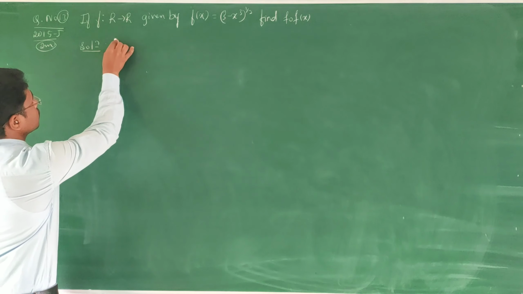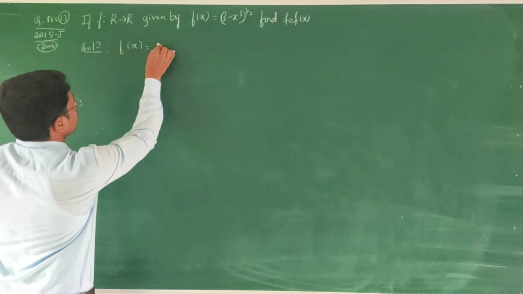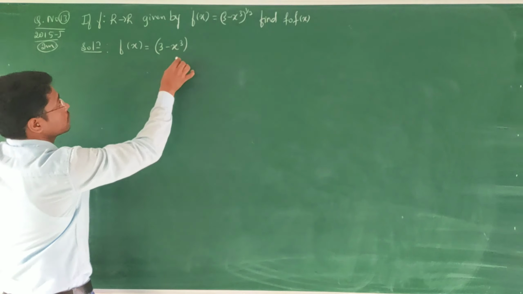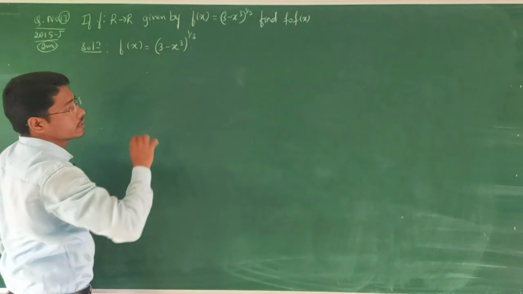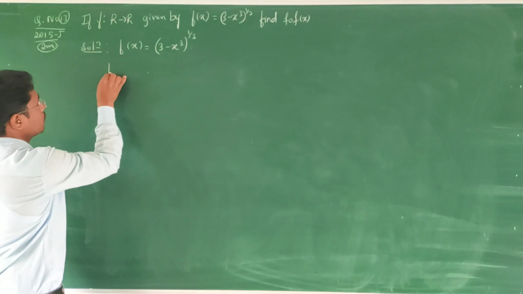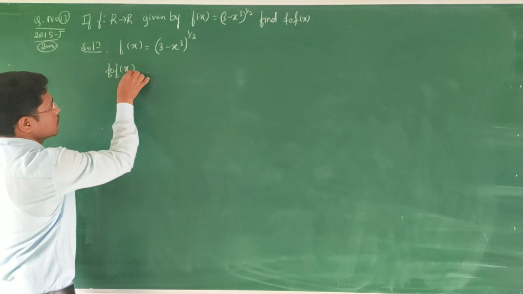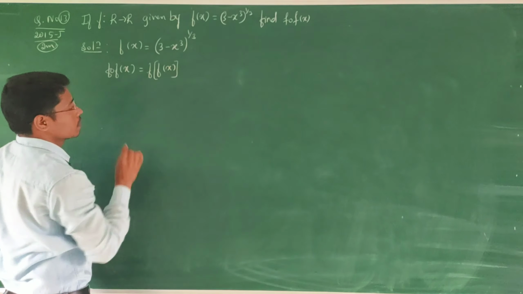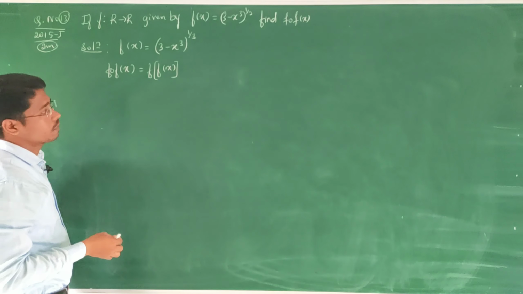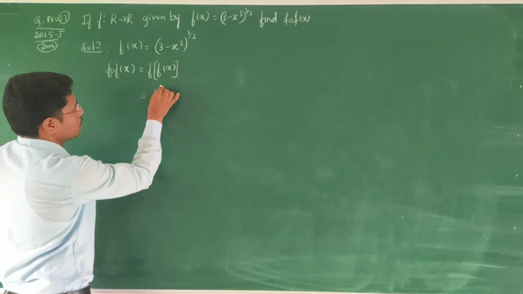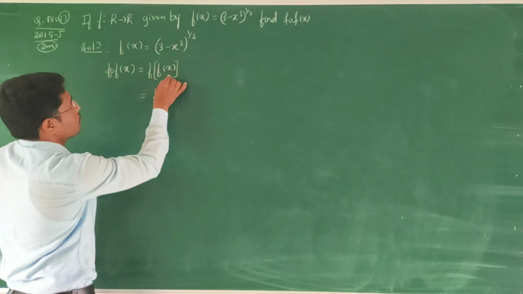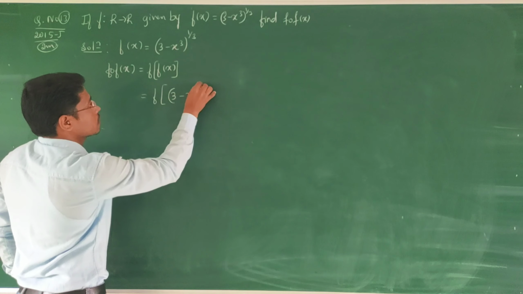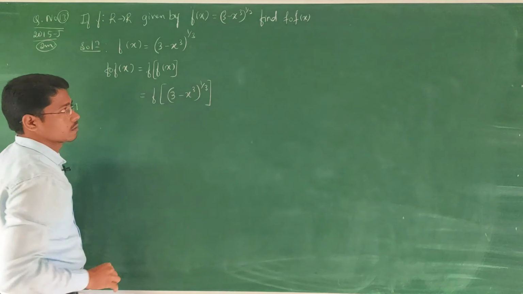f of x equal to 3 minus x cube, bracket raised to 1 by 3, right? Now fof of x equal to f of f of x. f of x is 3 minus x cube raised to 1 by 3.